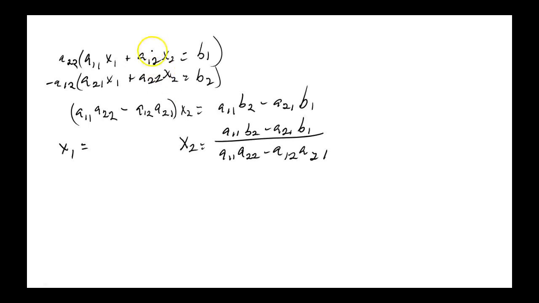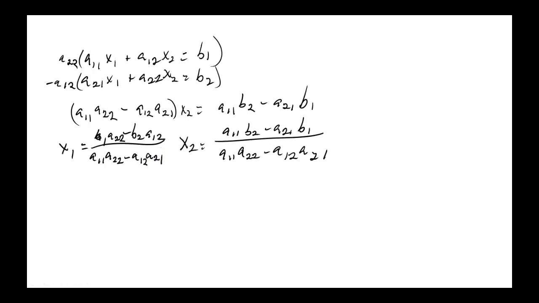That would eliminate your x2s, right? And that would give you, let's do it the same way they do, B1 times A22 minus B2 times A12, divided by A11 A22 minus A12 A21, right?